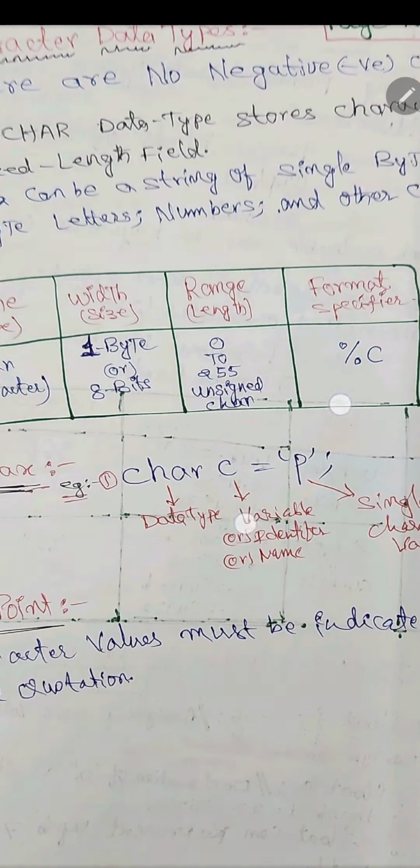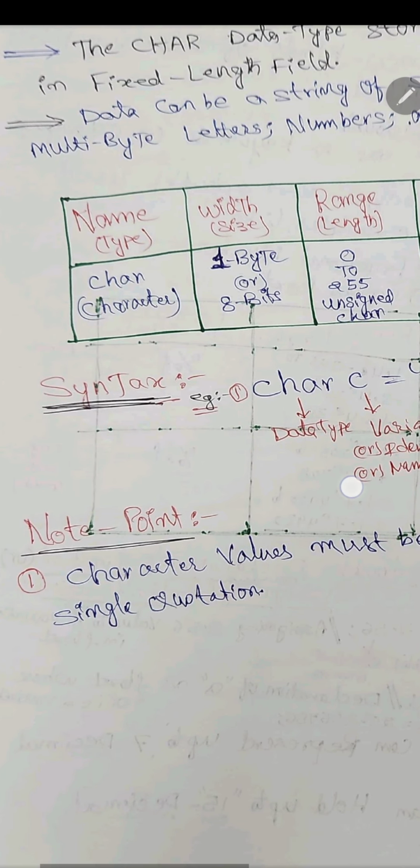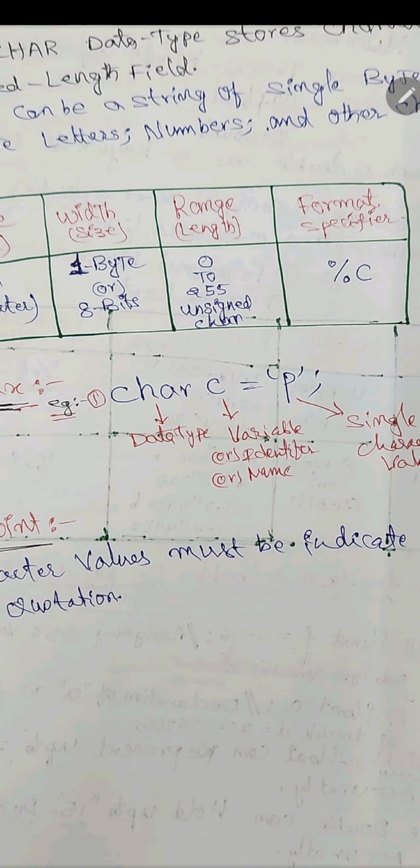the format specifier. The syntax is char c is equal to, in single quote, P or anything, hash, comma, every special character comes under this, even an empty space. It will end with a semicolon, as a rule every statement ends with a semicolon.